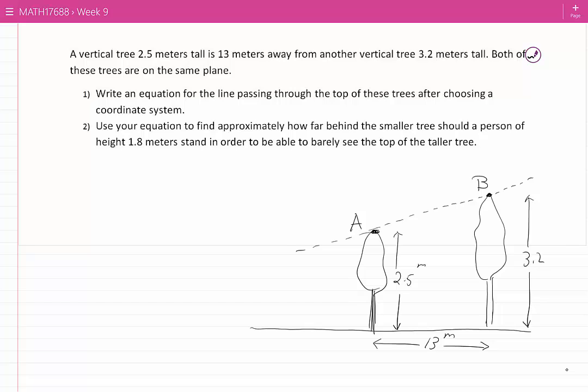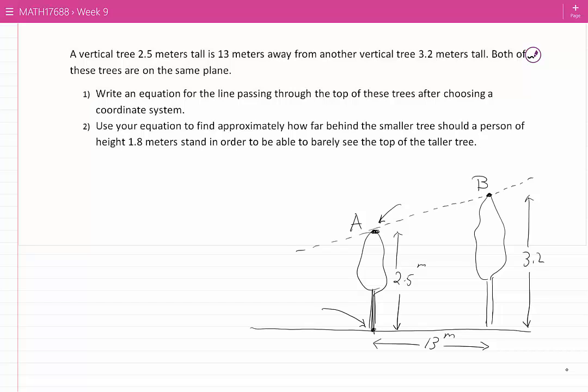I can introduce my coordinate system in many different ways. I can put the center of the coordinate system here, for example, with the y-axis vertical and the x-axis horizontal. Or I can put the center of the coordinate system at the top of the smaller tree, here, with the horizontal axis to be the x-axis and the vertical axis to be the y-axis.